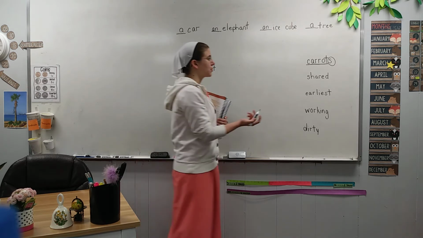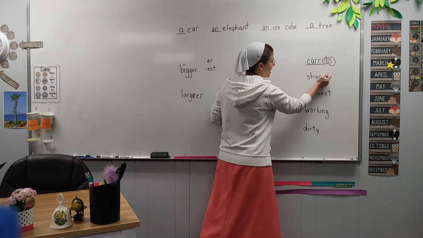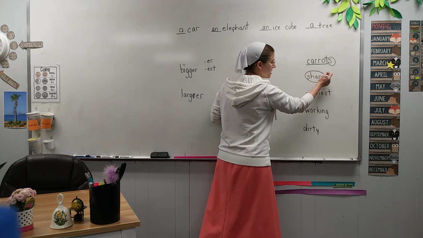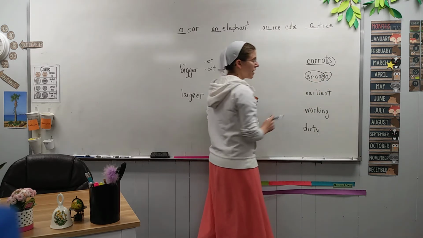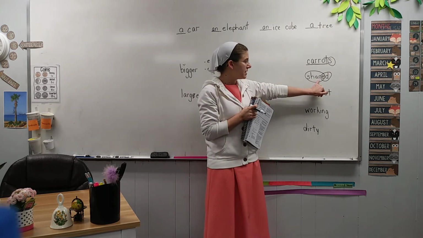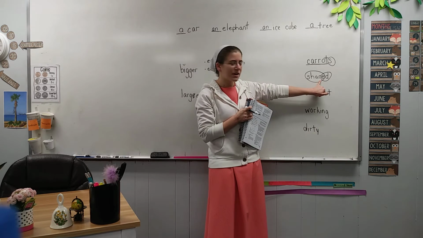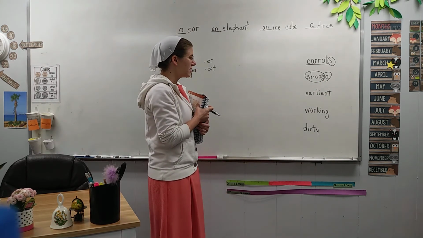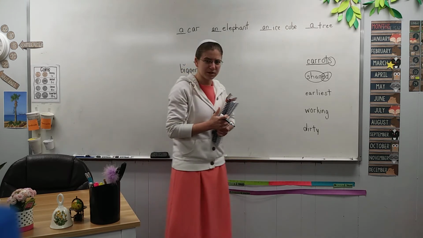The root word for shared is share, and the suffix is ed. Now do you see that? They dropped their silent E at the end of share before they added ed. There's an example.